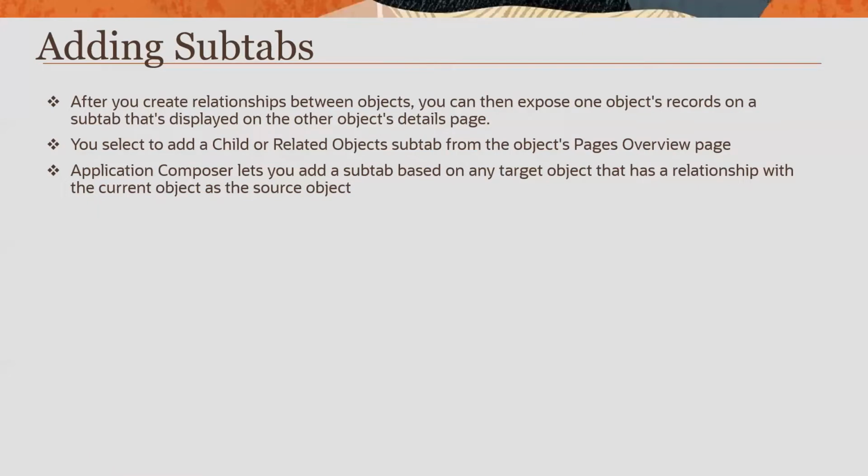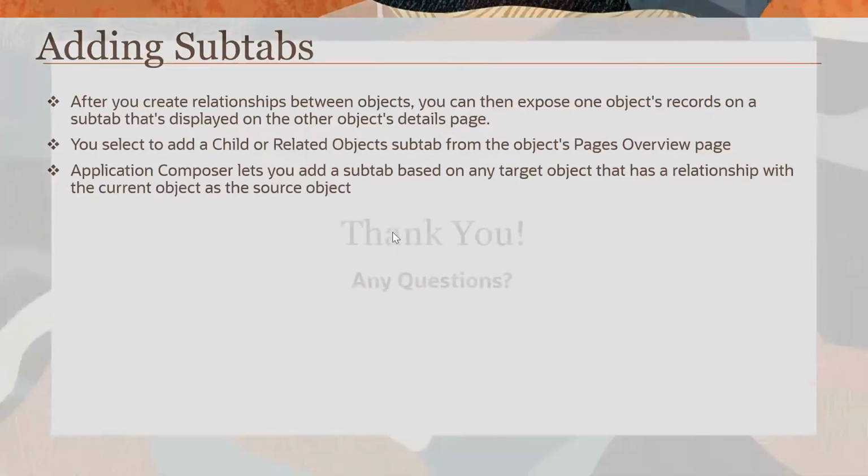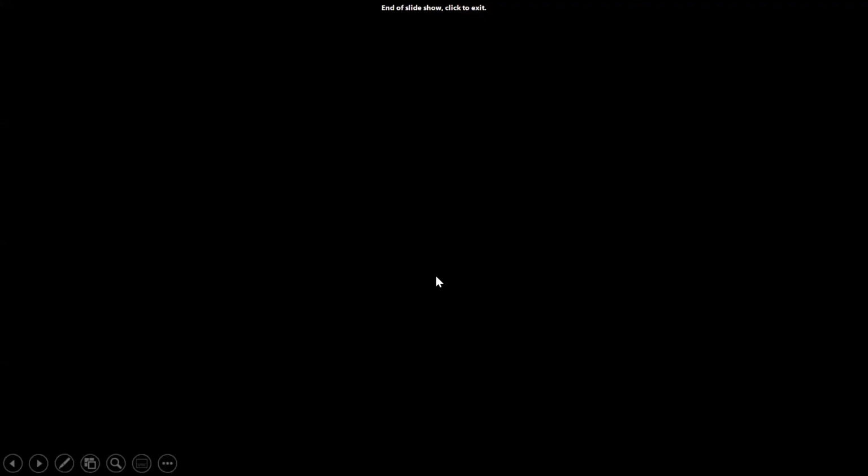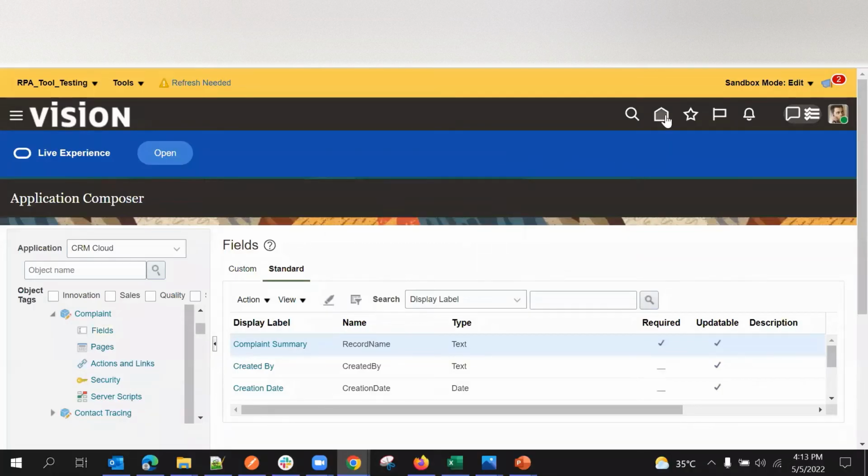It means one account can have multiple contacts. If we create an M2M relationship, then from both objects we can add multiple records. Now we'll see it in the application.